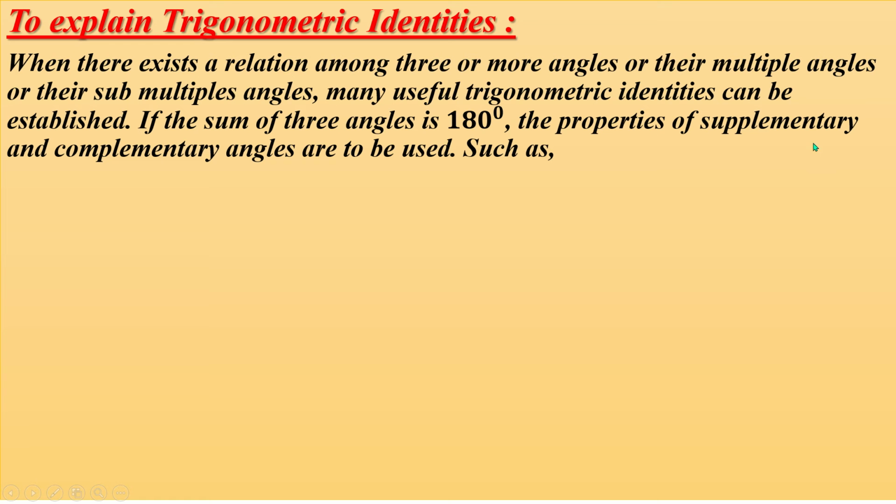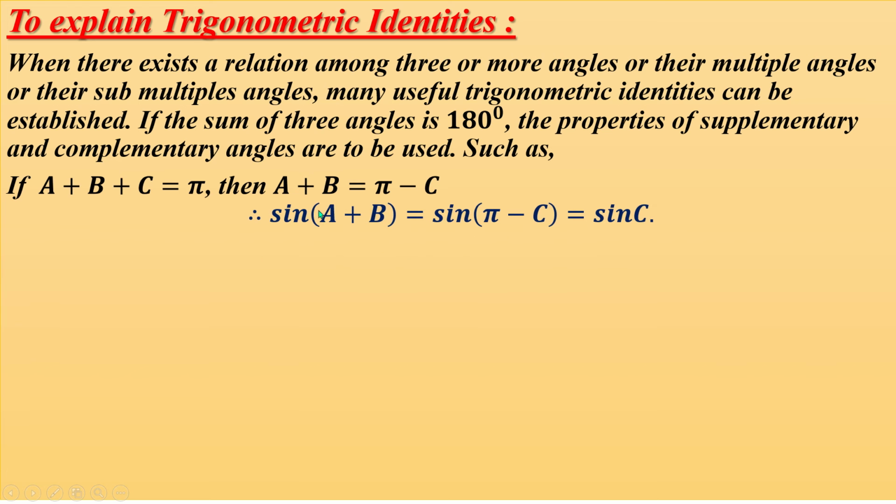The properties of supplementary and complementary angles are to be used, such as if a plus b plus c is equal to pi, then a plus b is equal to pi minus c, or b plus c is equal to pi minus a, or a plus c is equal to pi minus b, etc. Therefore, sin(a plus b) is equal to sin(pi minus c).